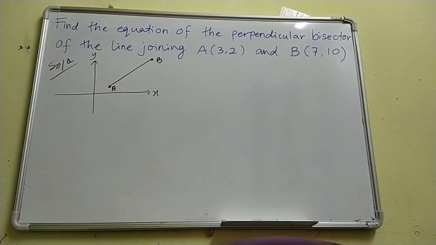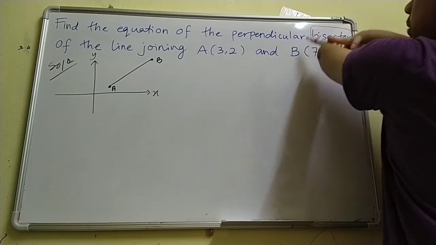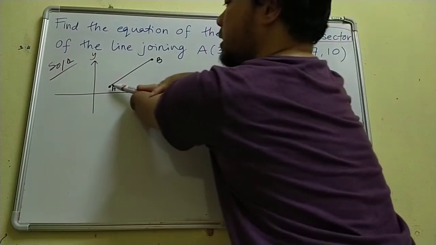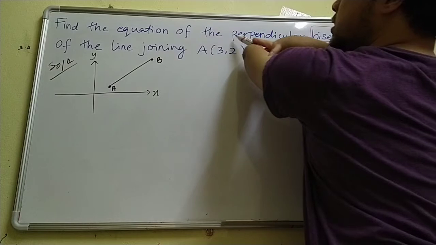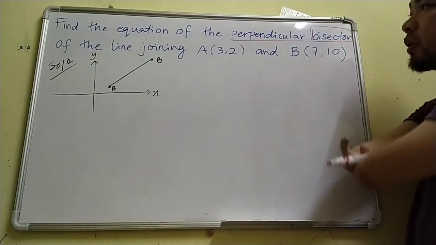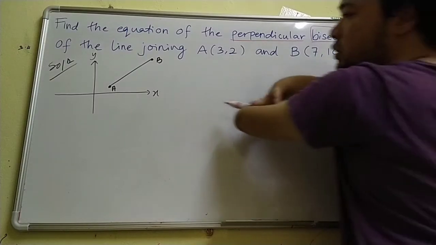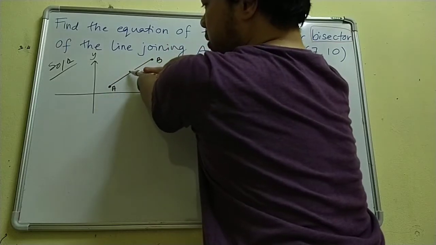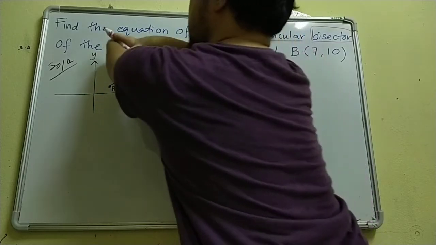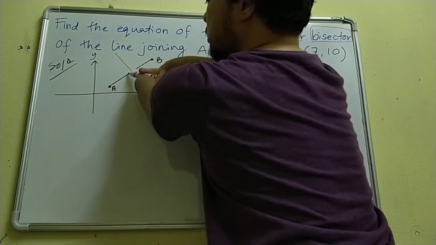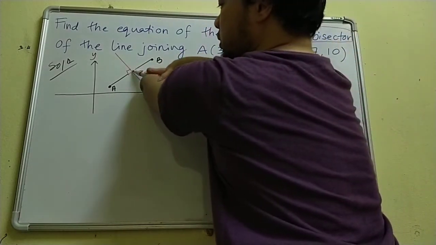Like I told you just now, the moment you see the word bisector, it means this line AB is divided in half, exactly in the middle. What does perpendicular mean? Perpendicular means 90 degrees. So let's say the middle is here, right? So there is another line here, and the angle over here is 90 degrees.